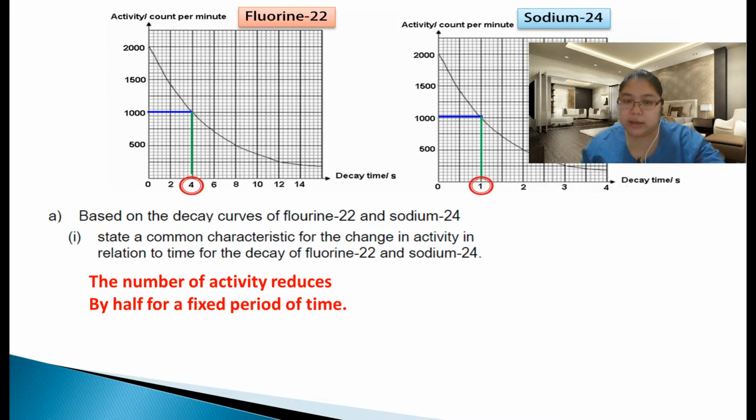This is just one of the same characteristics; the rest are different.